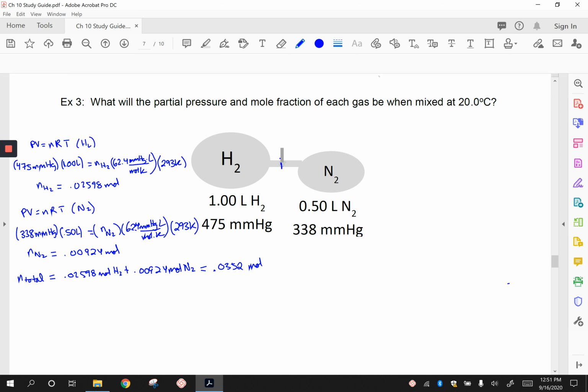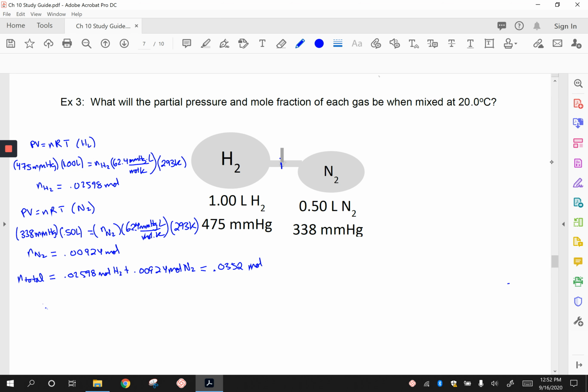Now you can calculate your mole fraction separately and then plug it in, or you can go ahead and do your equation here. We're going to say that the partial pressure of the hydrogen is, oh, sorry, we need the mole fraction. So let me go ahead and calculate the mole fraction first and then I'll plug it in.